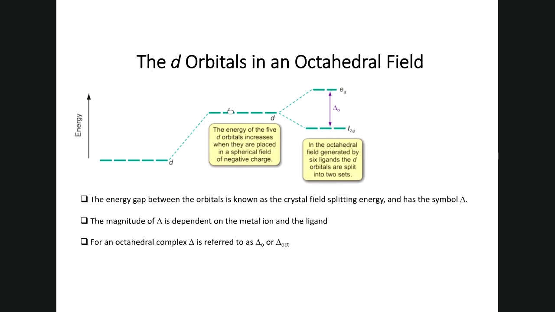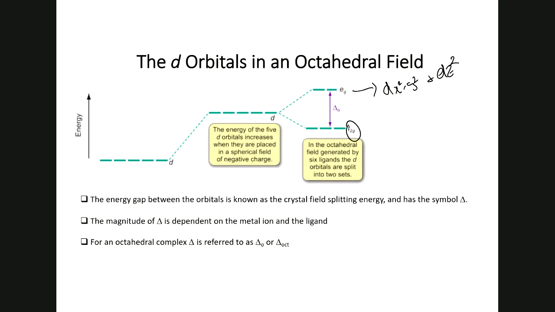Then if we put an octahedral field around them, they will split into two sets, where my dx squared minus y squared and the dz squared become the eg set collectively, and my other three become the t2g set. This is my octahedral splitting diagram, which means my d orbitals are now split into two parts in the octahedral field.